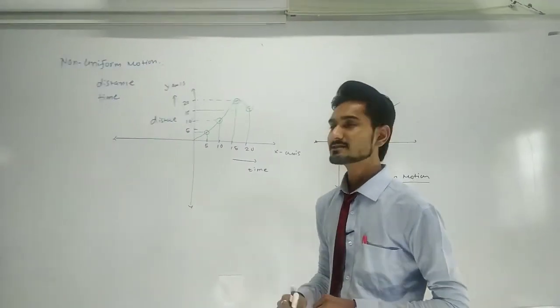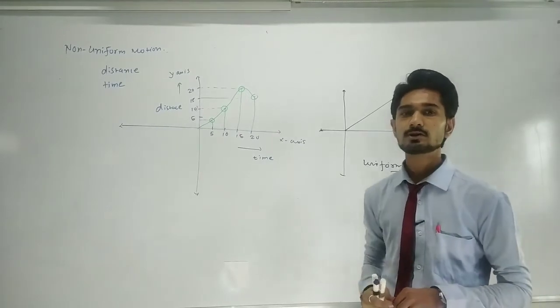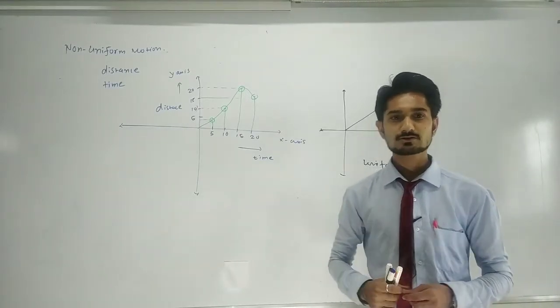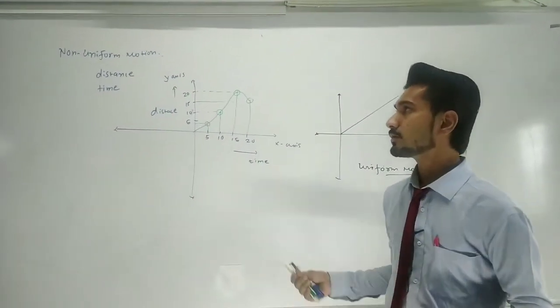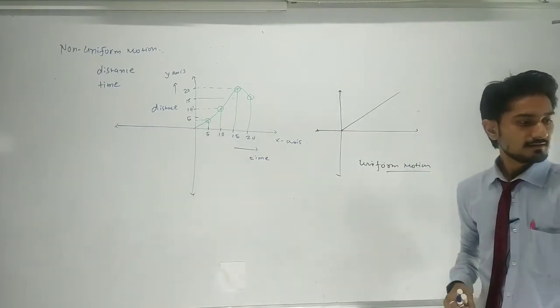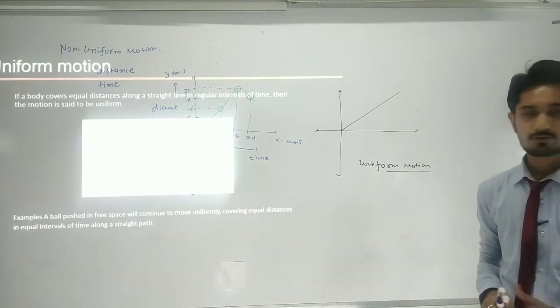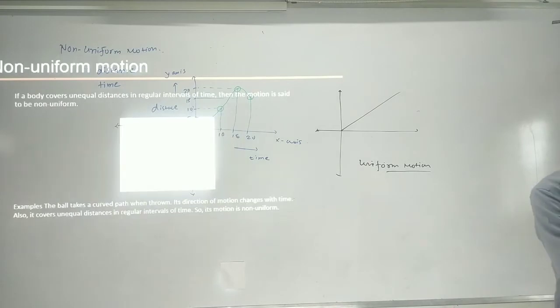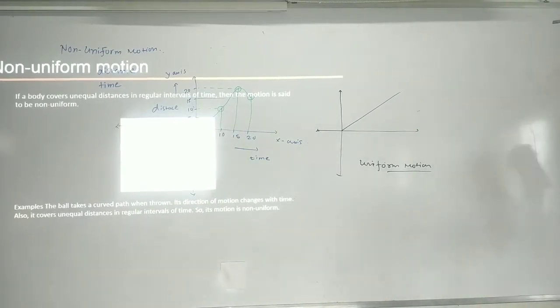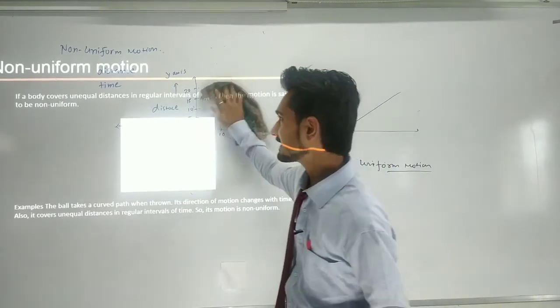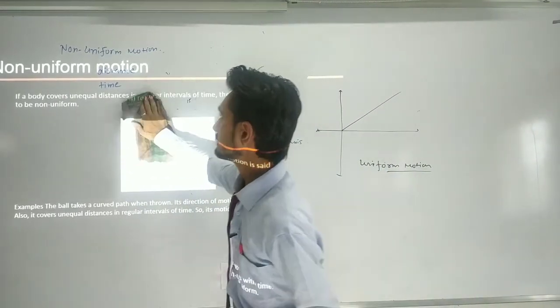Now we are going to see more based on non-uniform motion. This gives us the uniform motion graph and this gives us the non-uniform motion graph. If you want to see the slide clearly, I am erasing that.